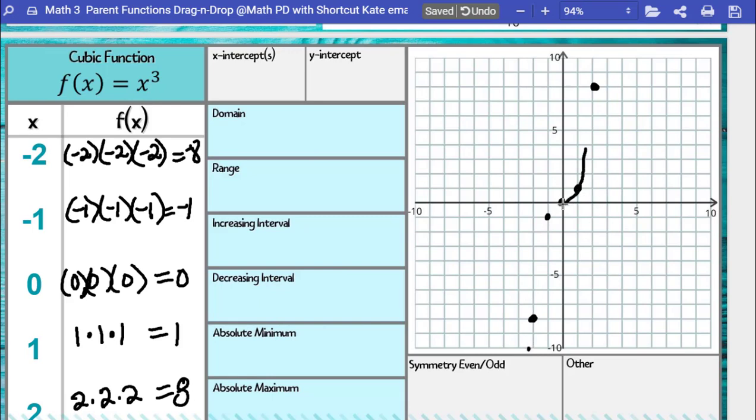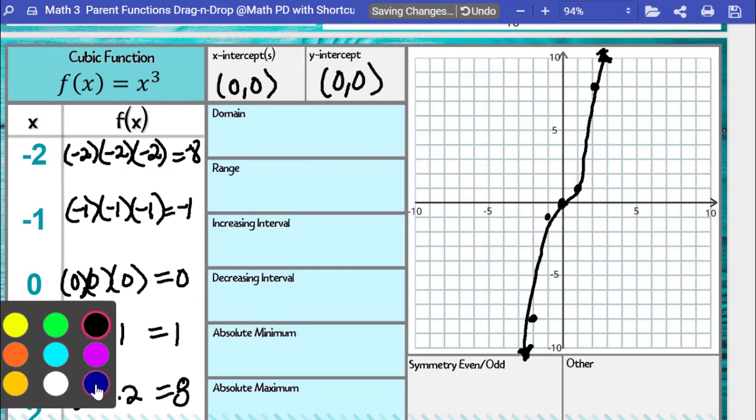Okay, remember to put the arrows on the graph. Okay, xy-intercept, same thing. 0, 0.